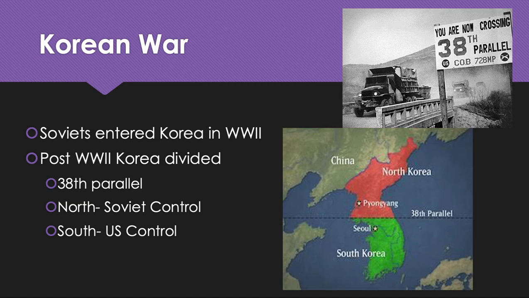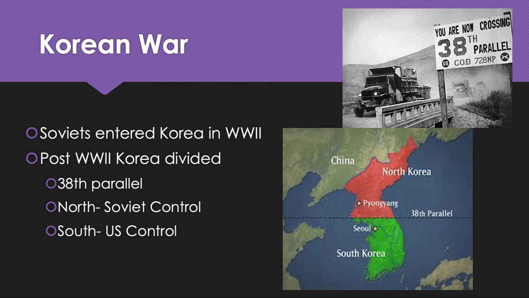Because it had belonged to Japan, that land is going to be split between the US and the Soviets. The northern half of Korea is going to be under Soviet control, while the southern half is going to become under control of the US, being split at the 38th parallel, right straight through the middle.